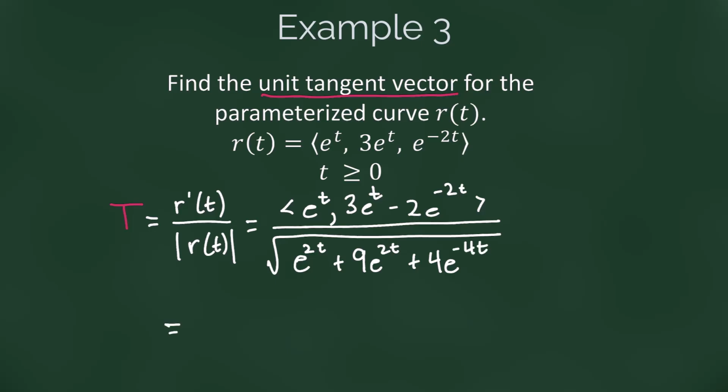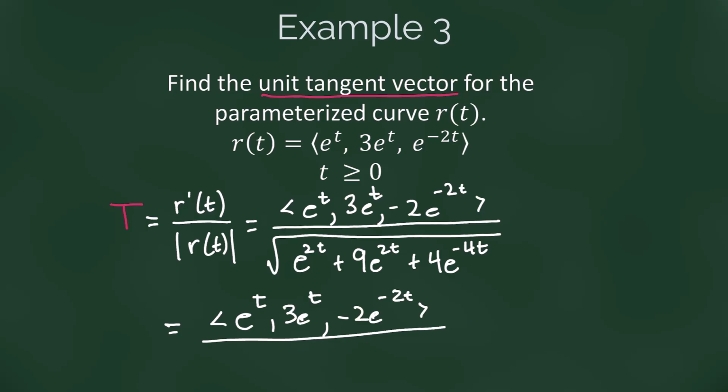And we can tidy that up a little bit, so we get e to the t, 3e to the t, negative 2e to the negative 2t, all divided by the square root of 10e to the 2t plus 4e to the negative 4t.